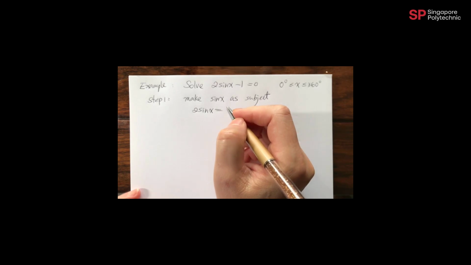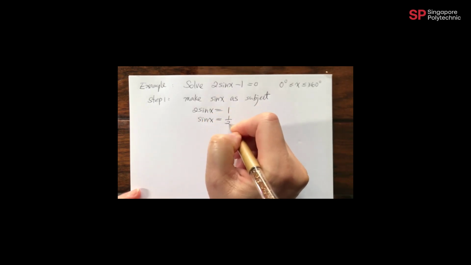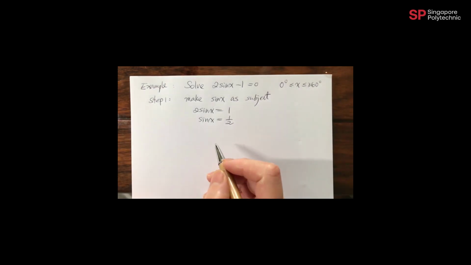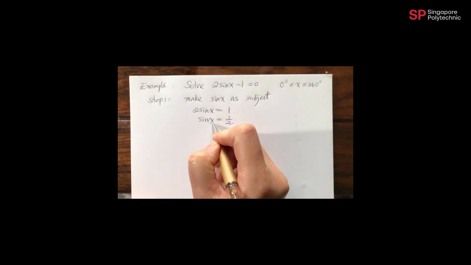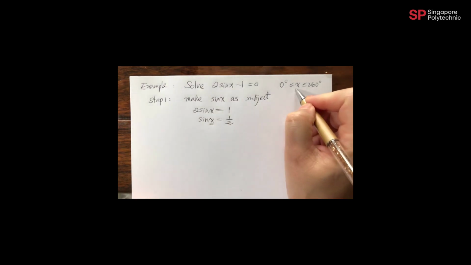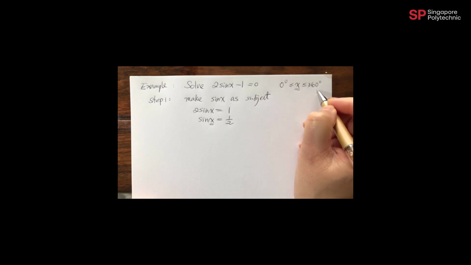Then we divide 2 on both sides. Therefore, sine x equals to half. Now, before we start solving, make sure that the angle x in the equation matches the angle x given in the range. Otherwise we will have to adjust the range. For this question, we don't really need to do this.